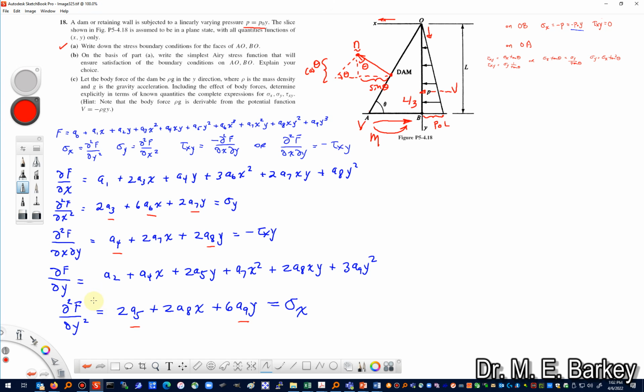All right, I guess I might have enough room over here. So on OB, we said that tau xy is equal to 0. Maybe we ought to start with that one, because that sounds pretty nice.